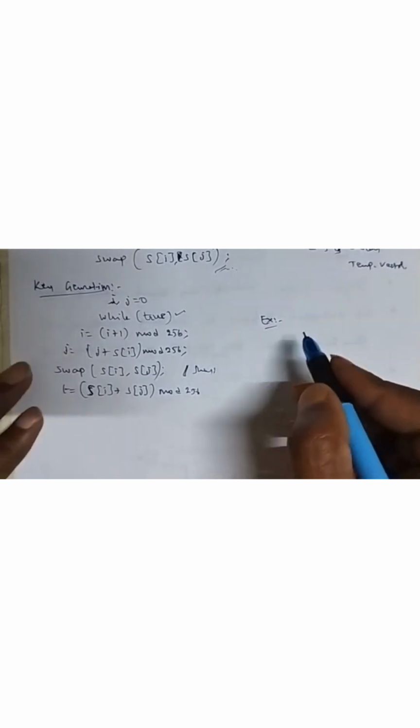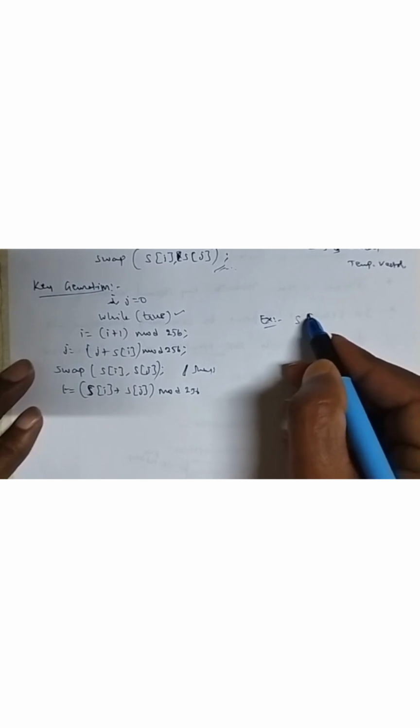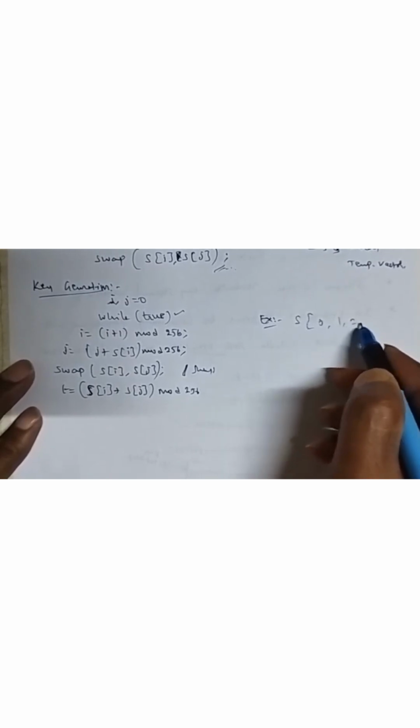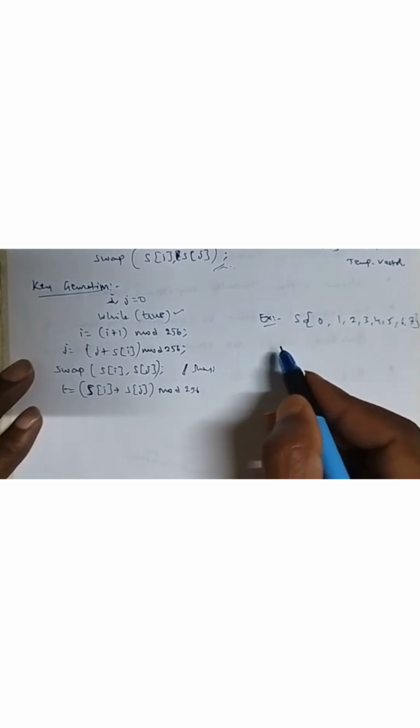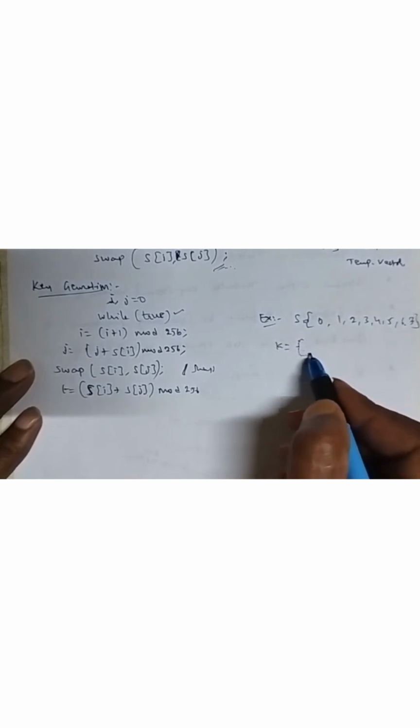Okay, for example, S contains the values 0, 1, 2, 3, 4, 5, 6, 7. Assume these are the 8 values. Here K equals 1, 2, 3, 6 and plain text equals 1, 2, 2, 2. If you implement these values here, what is the i value?